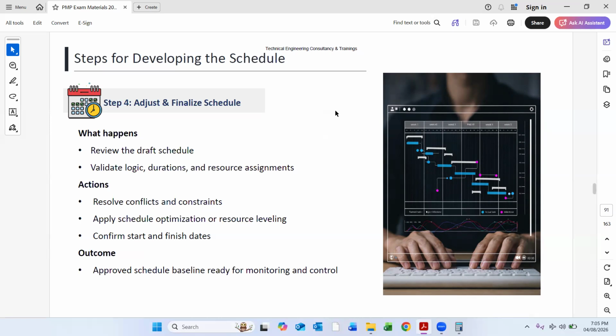This is how we reach the duration in our schedule. We should also fix the start and finish dates based on the logic, like whether we are using finish to start links, or start to start, or finish to finish. So this is how we baseline our schedule.